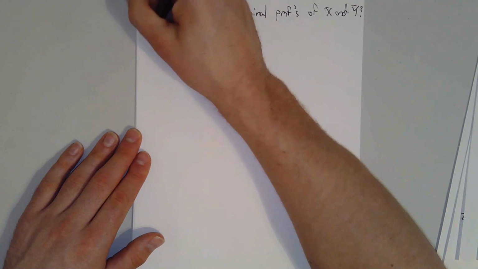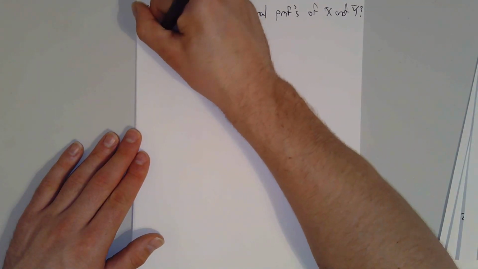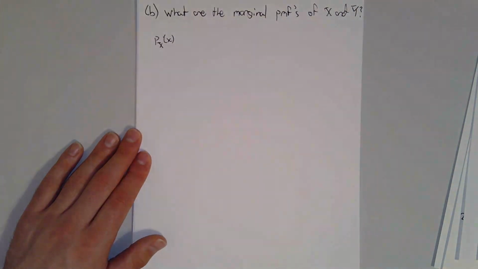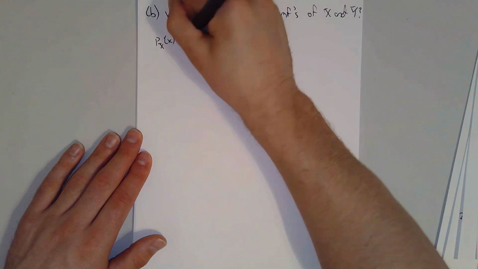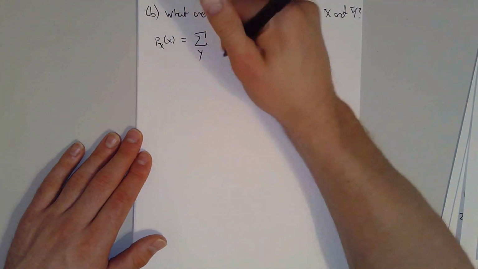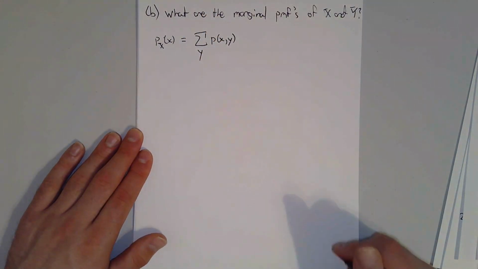By definition, the marginal PMF of capital X is the sum over all possible y values of little p of x comma y.